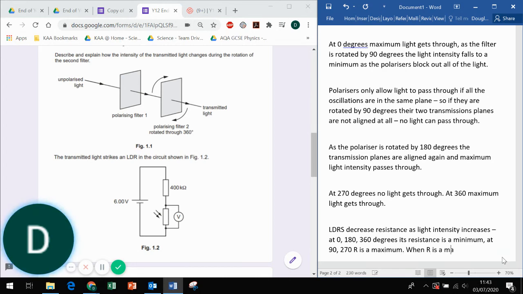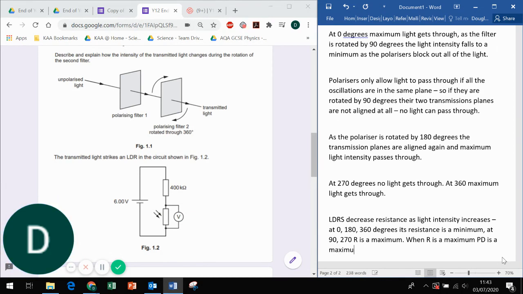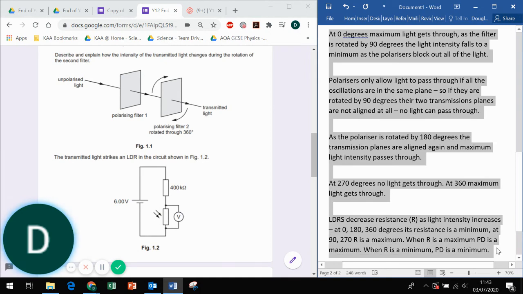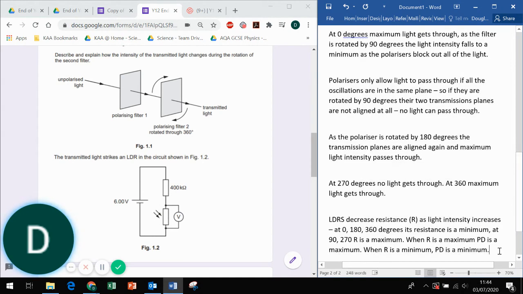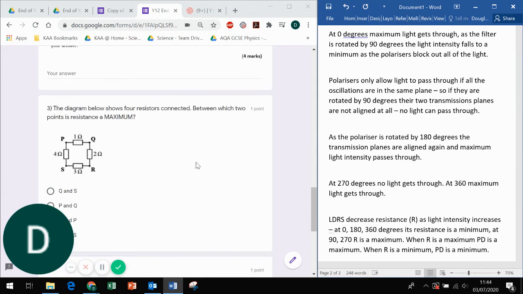When R is a maximum, PD is a maximum. When R is a minimum, PD is a minimum. By R, I mean the resistance of the LDR. You definitely don't need every single word that I've written here. This is a bit longer than you would need, but those are the basic ideas, explained clearly for you.